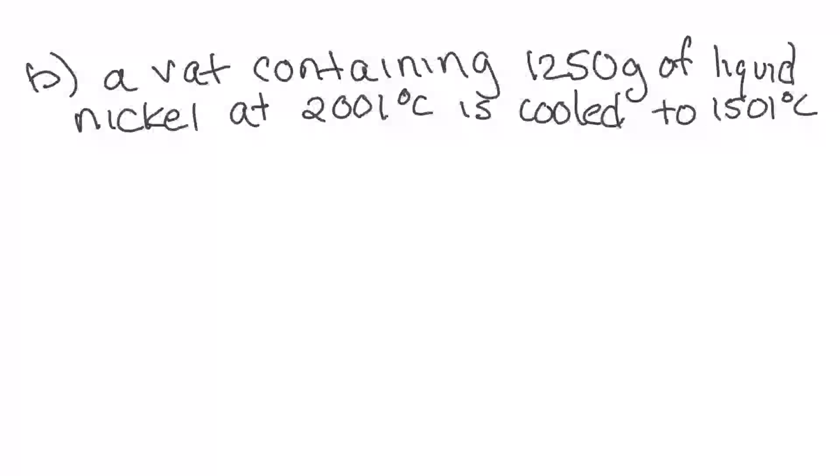We're going to find the energy that is needed for a vat containing 1,250 grams of liquid nickel at 2,001 degrees Celsius, and this is cooled to 1,501 degrees Celsius. So what I notice is that I'm in liquid form, and I'm cooling it. So did I cool it enough to freeze it, to turn it back into solid nickel?